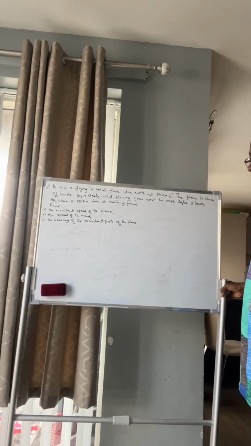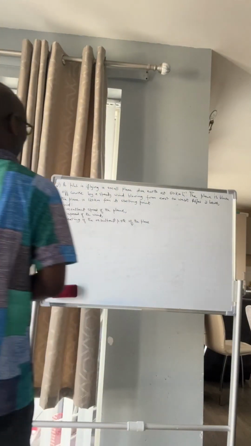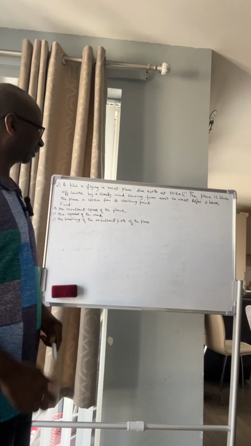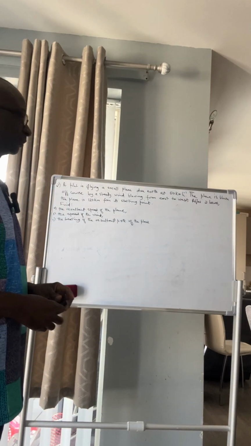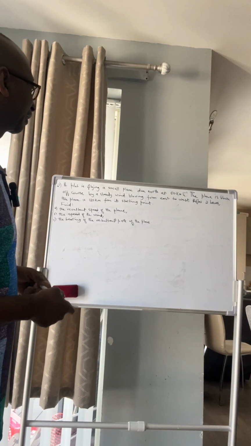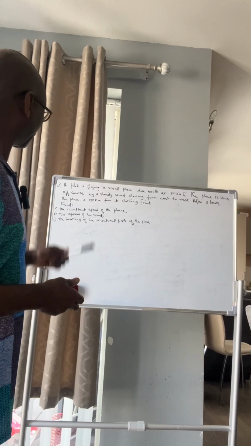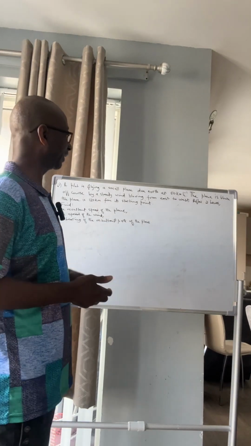Let's read the problem. It says that a pilot is flying a small plane due north at 50 kilometers per hour. The plane is blown off course by a steady wind blowing from east to west.